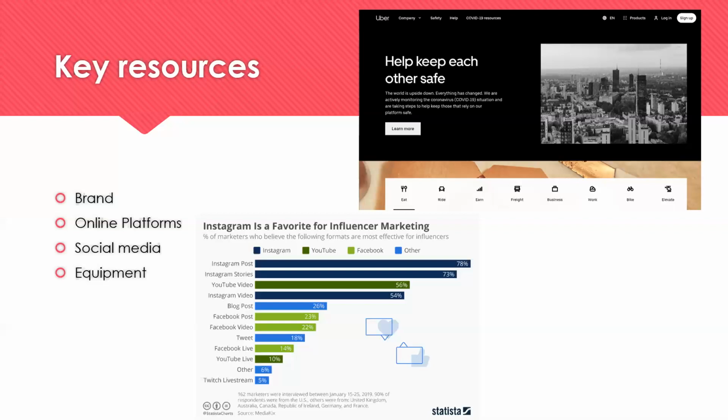Again, maybe you are already an influencer in your area, so you may have an Instagram that has a lot of followers, or you may have a lot of followers on YouTube. Those things are super important to show to the investors, to tell them, hey, we're important in this business.